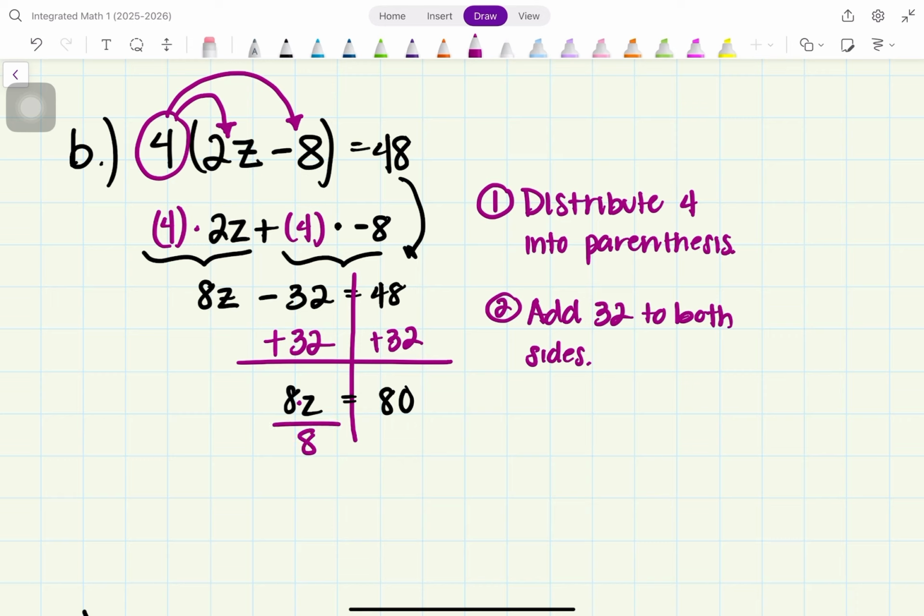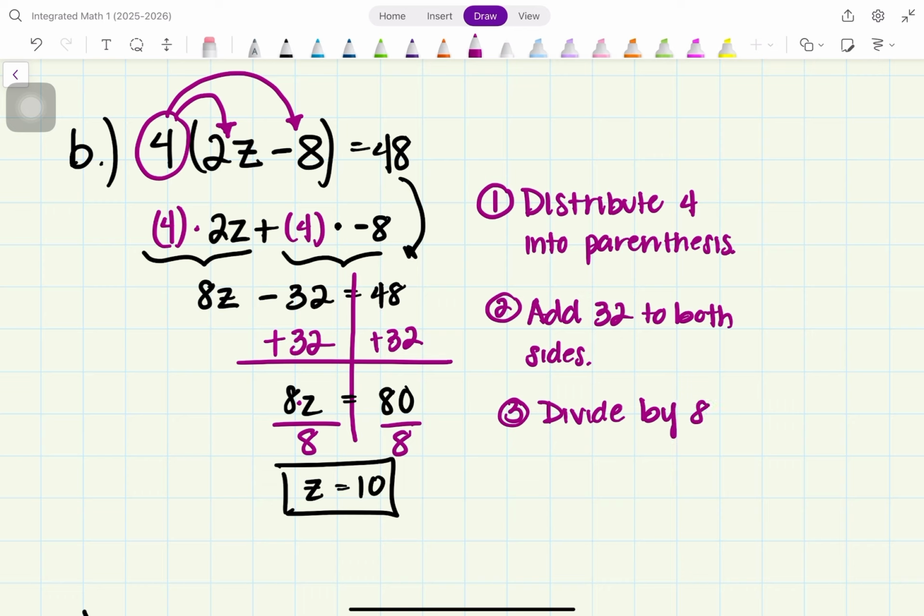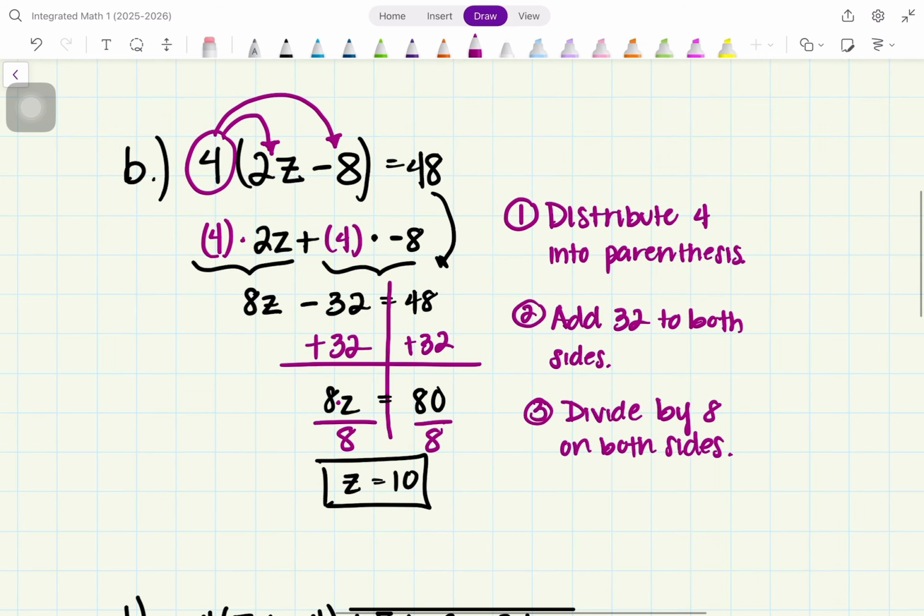So the opposite of that is to divide by 8. So z is equal to 10, and that would be our final answer. So step 3 is to divide by 8 on both sides. So that is problem B.